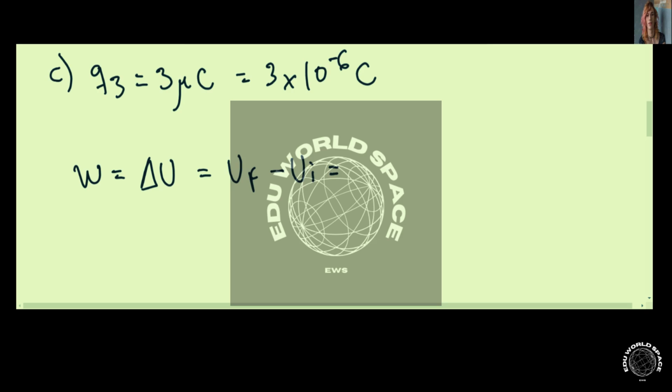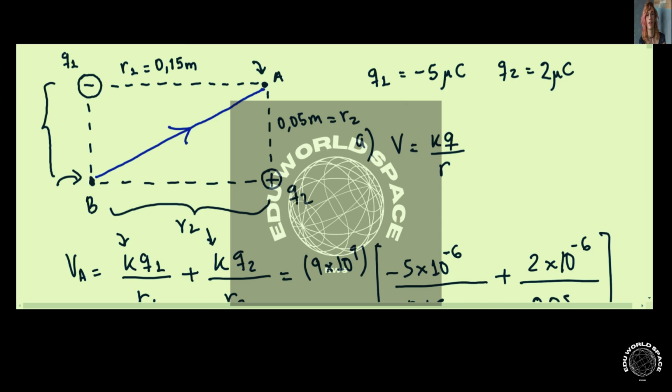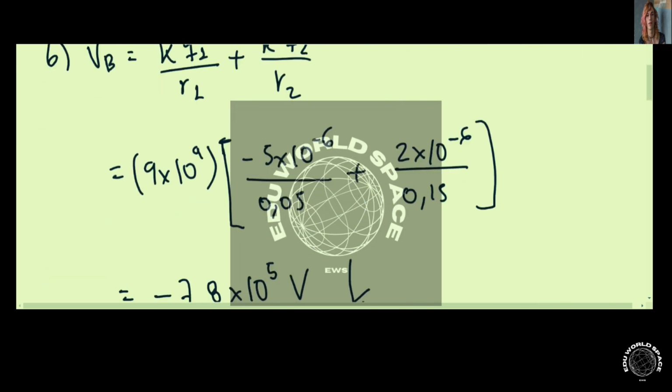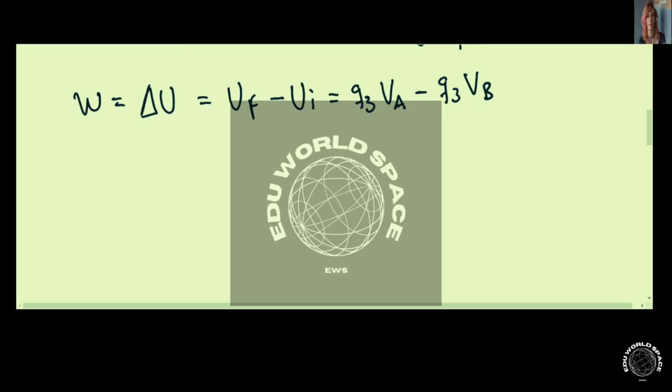The potential energy in electrodynamics is defined as the charge times the electric potential. So it will be Q3, the charge that we are trying to move, times the final potential at A because we are moving it from B to A, minus Q3 times the potential at point B because it is the initial one.